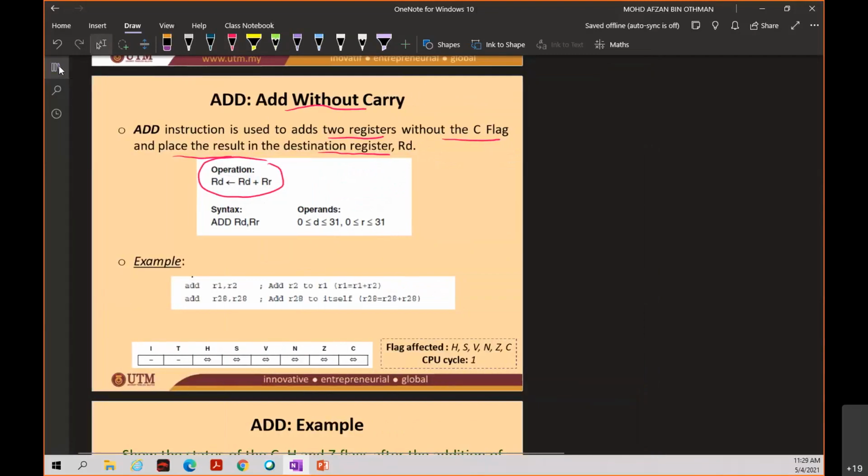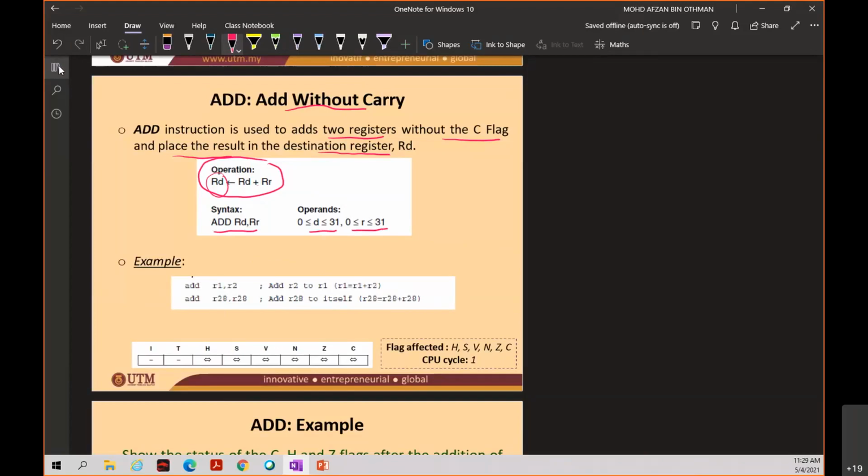Now let's resume back to this ADD instruction. This is the syntax, and the operation you see here is RD plus RR, and put the result in RD. So the syntax is ADD RD, RR, while RD can be from R0 to R31, and RR also can be from R0 to R31.